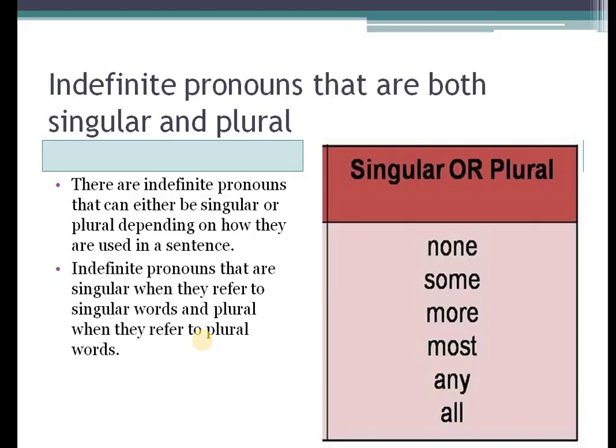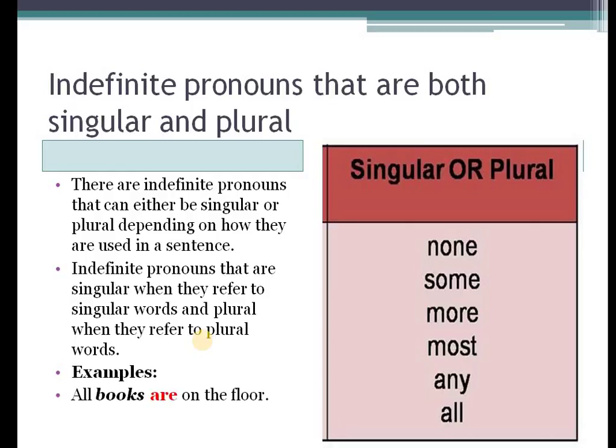They can be singular when the sentence refers to a singular word, and they can be plural when they refer to plural words. So if these indefinite pronouns refer to words that are singular, they are singular. If they refer to words that are plural, they are plural.